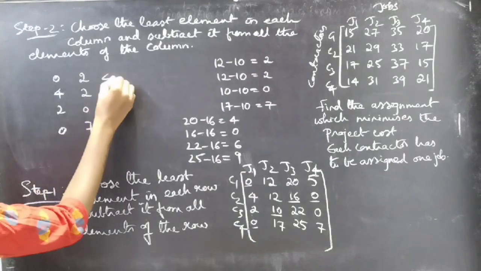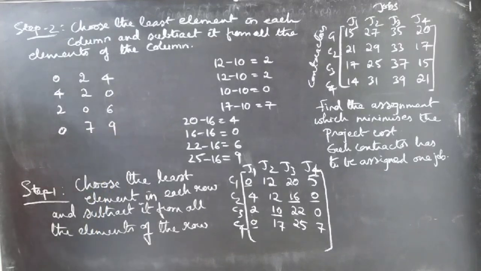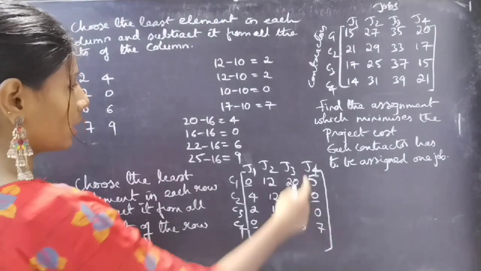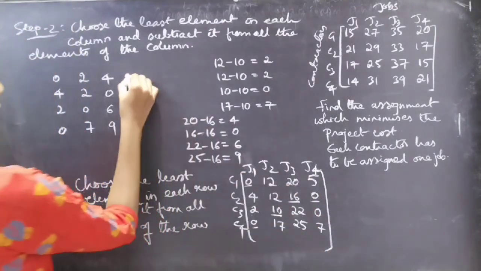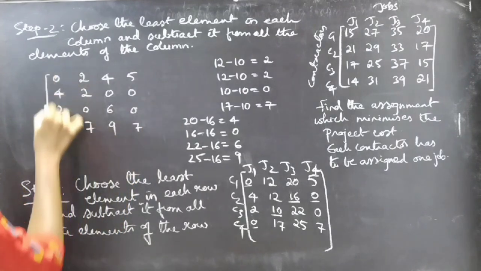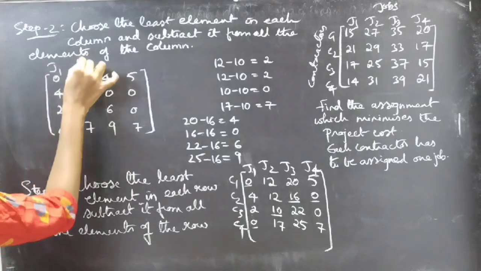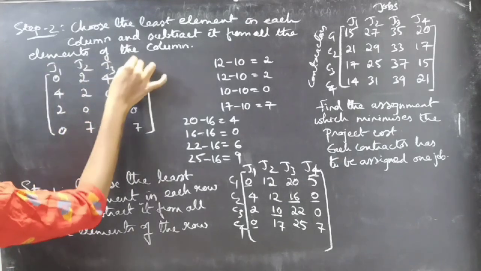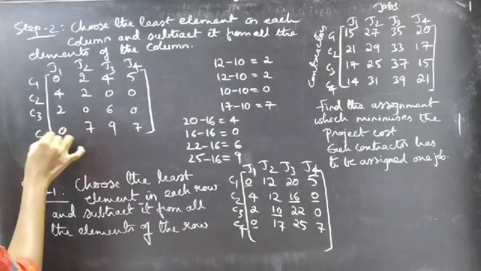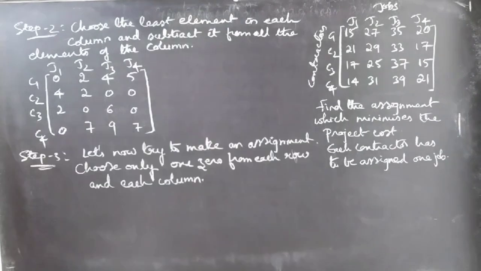So you'll get 4, 0, 6, 9 in the third column. And in the last column, you're having 0 as your least element. So you'll get the same entries in the last column, 5, 0, 0, 7. This is the reduced matrix.